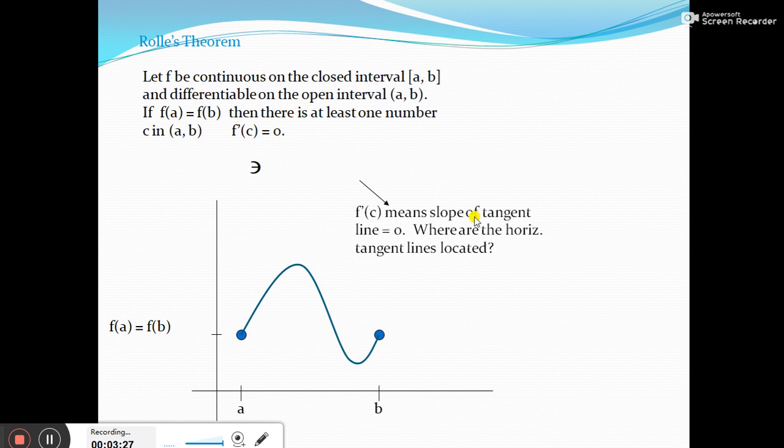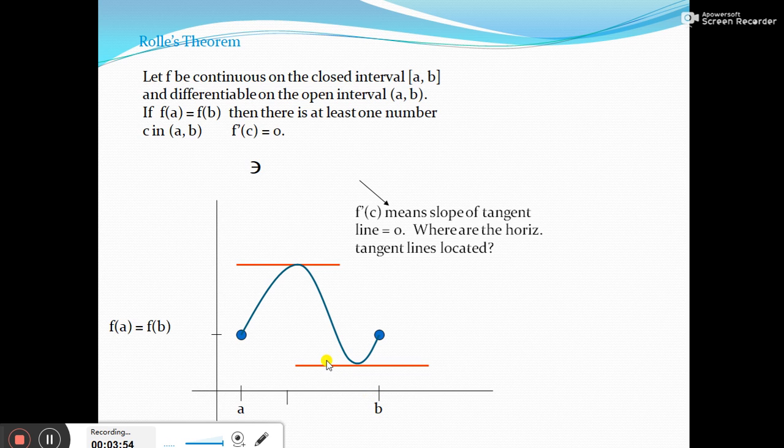That means f'(c), the slope of the tangent line, is equal to 0, where the horizontal tangent line is located. At this point, here the tangent is parallel to the x-axis, that means its slope is 0. At this point, here the tangent is also parallel to the x-axis.